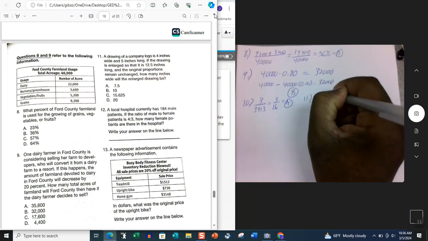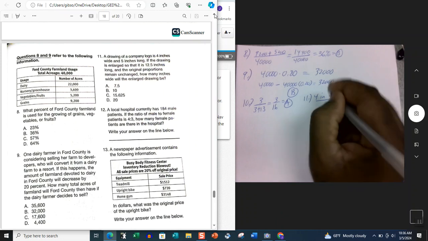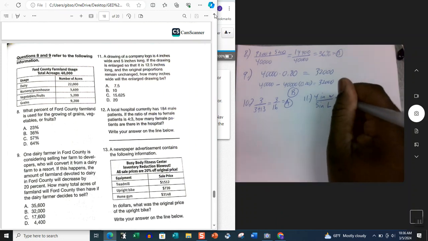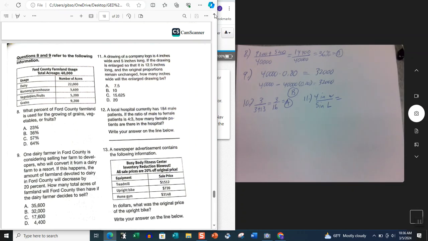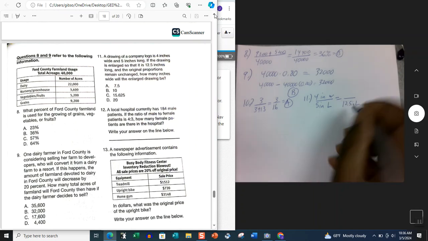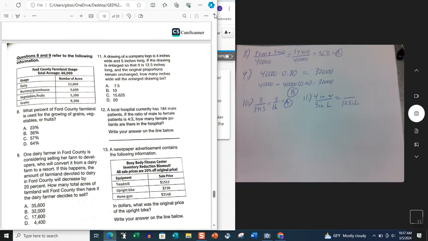We have 4 inches wide. I'm going to put 4-inch W. And then we have 5 inches long, 5-inch length, is equal to, now they tell us that it's enlarged, so it'd be 12.5 inches long. Because remember, inches and length must be in the same place, both in the bottom.